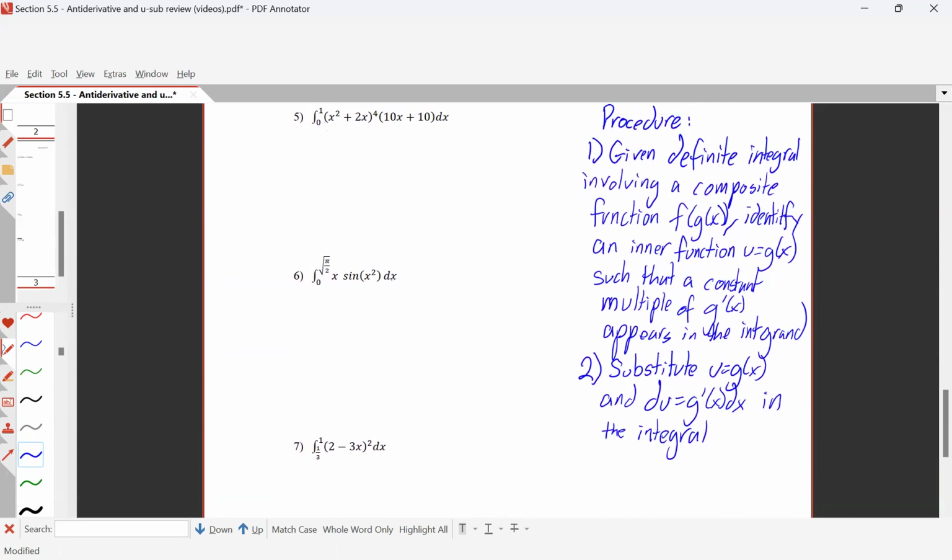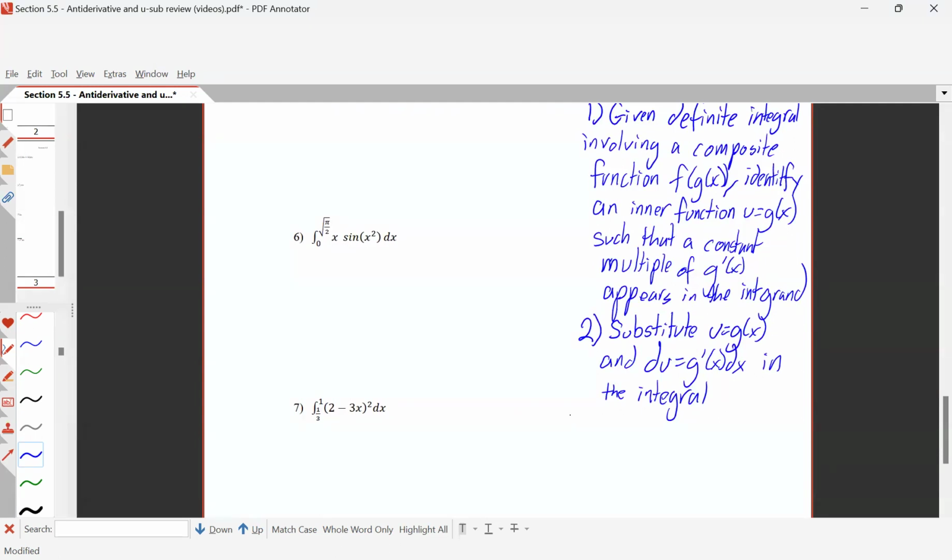But when this differential changes into a du, we're now in a whole different realm. We're no longer talking about the x-axis. We're now talking about something that's been shifted into essentially a u-axis. So we need to change those bounds as well.